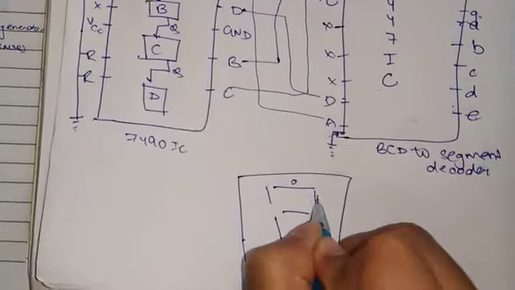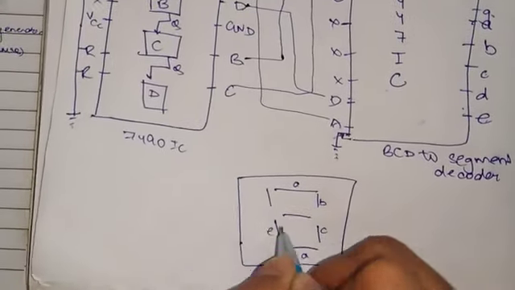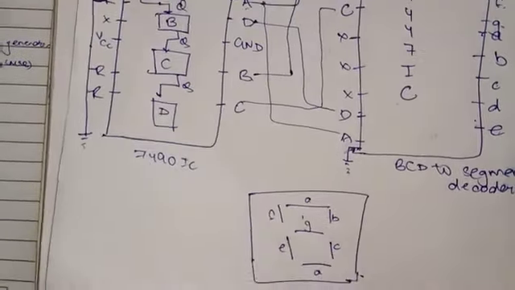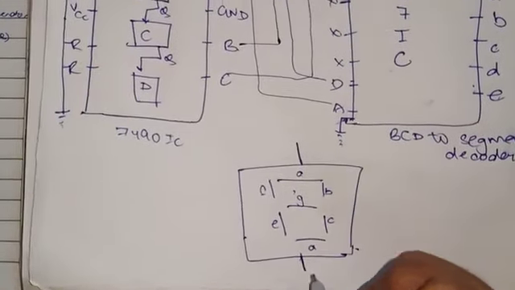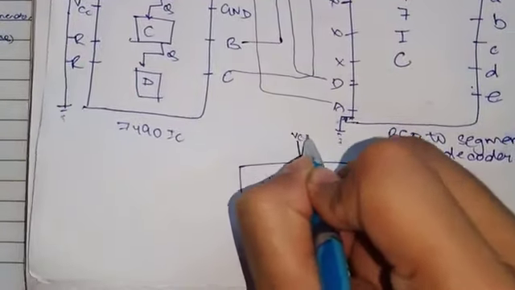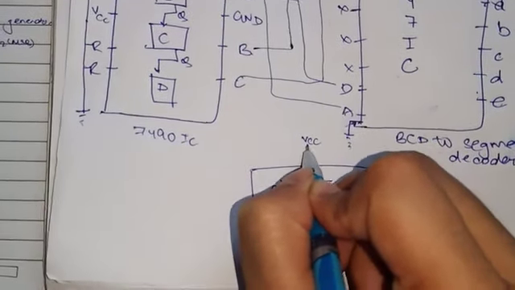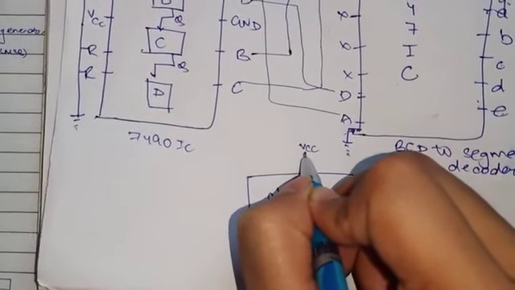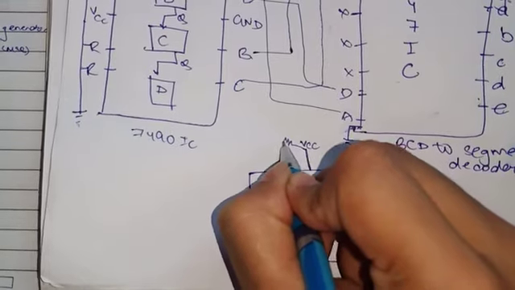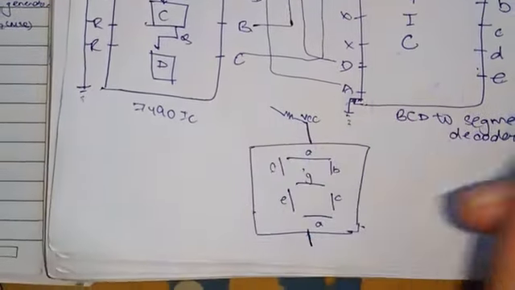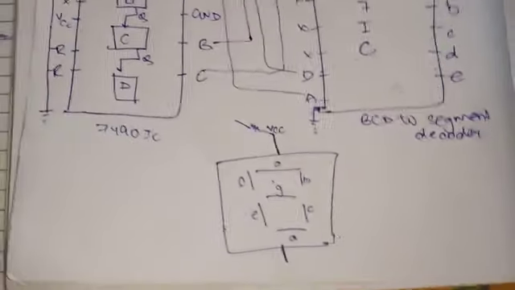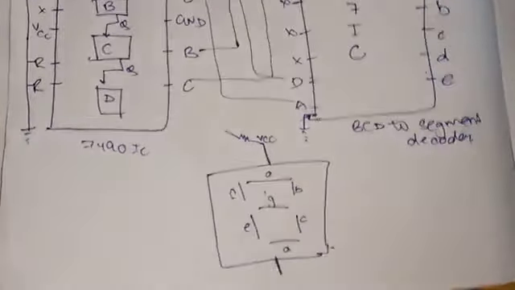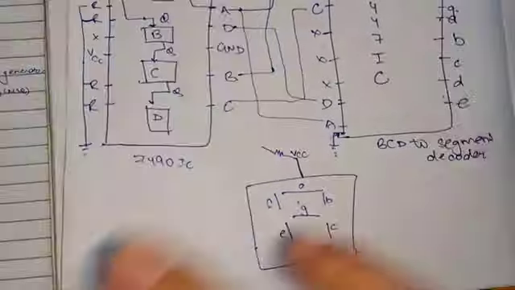A B C D E F G. Now between these are the commons. You need to connect this to VCC and one resistance also. It would be given in the circuit only. Actually I don't have the circuit diagram, I mean the kit, right now, or else I would have shown you.